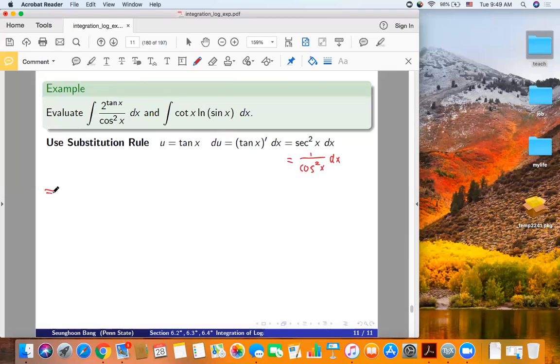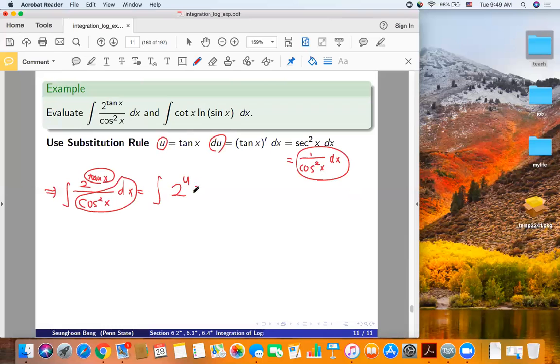So how can you solve the integral of 2 to the 10x over cosine square of x dx? 2 to the 10x is u, and 1 over cosine square of x dx is du.